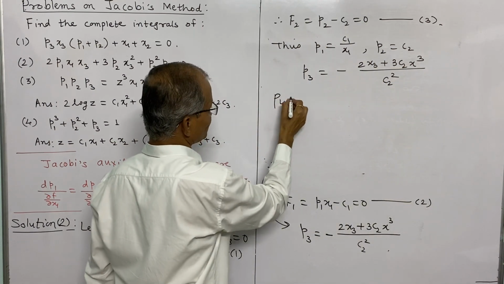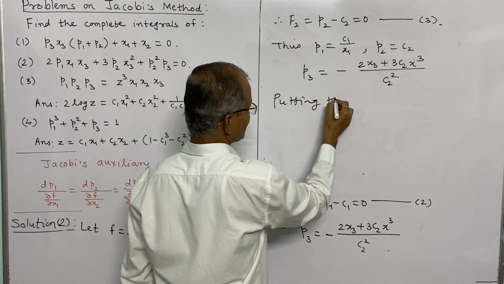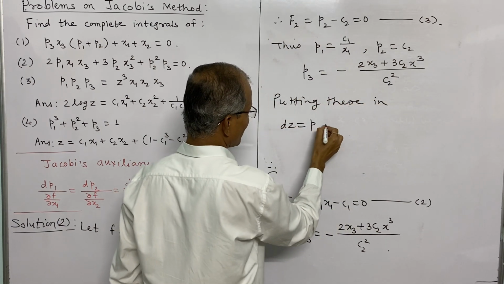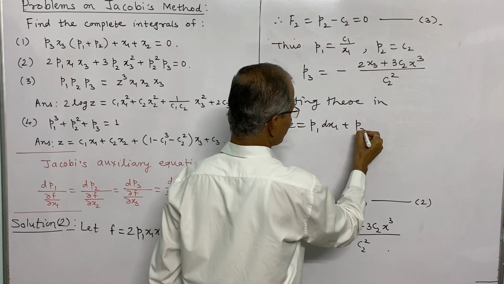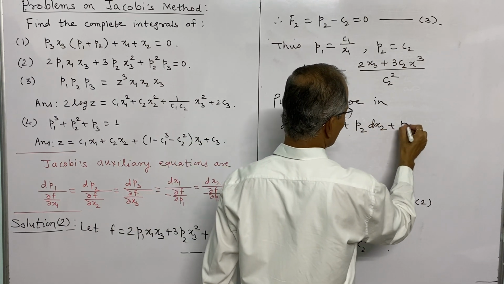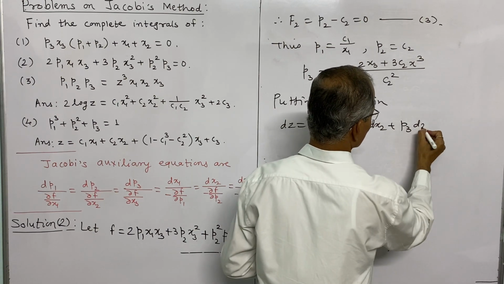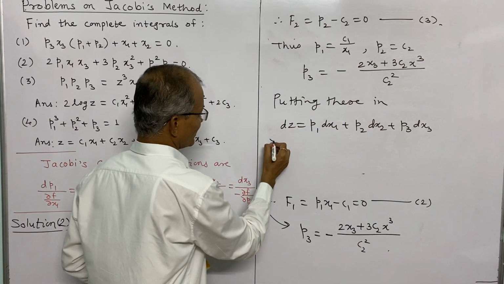Putting these in, dz is equal to P1 dx1 plus P2 dx2 plus P3 dx3.